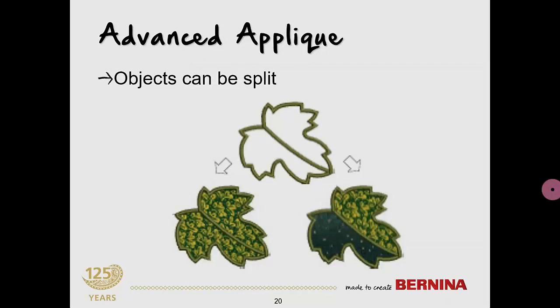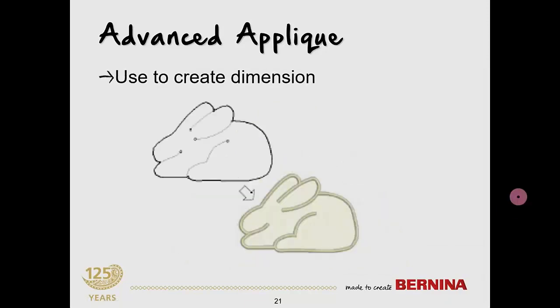Advanced Applique can also be used to split objects. So if I wanted this leaf to have two colors instead of just one, I can use the Advanced Applique tool to create this leaf. I can also use it to create dimension. Now, normally our basic applique tool would only go around the outside edges of this bunny.